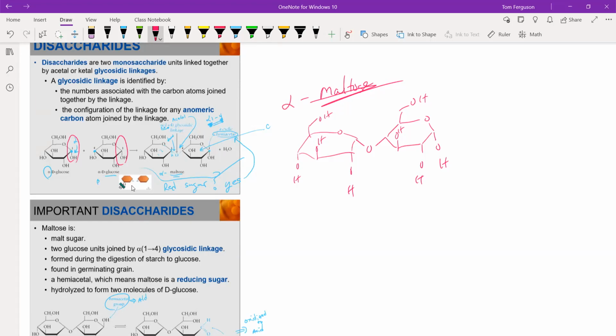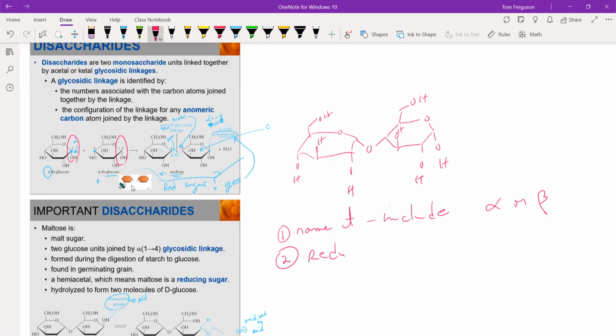So actually, I wouldn't say it was alpha. I would just say, here's a disaccharide. Name it. Include alpha and beta. For two, is it a reducing sugar?